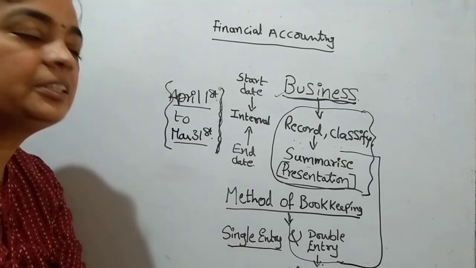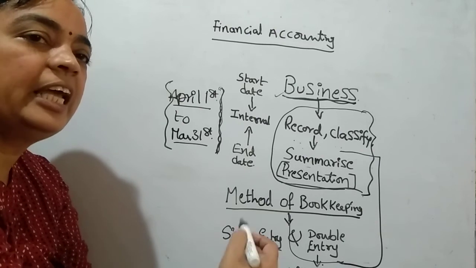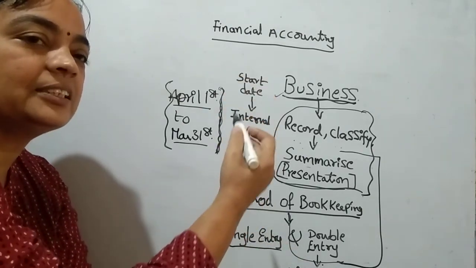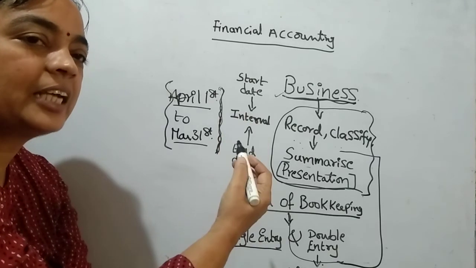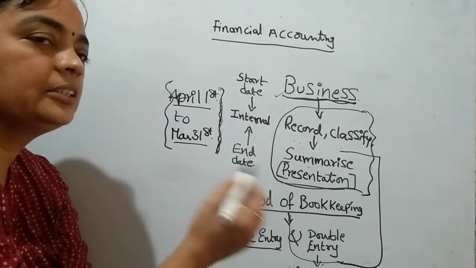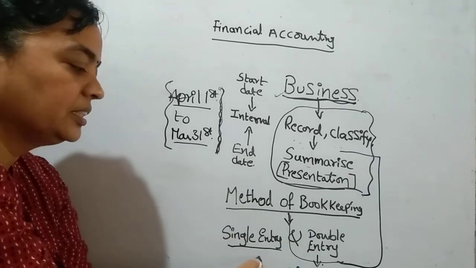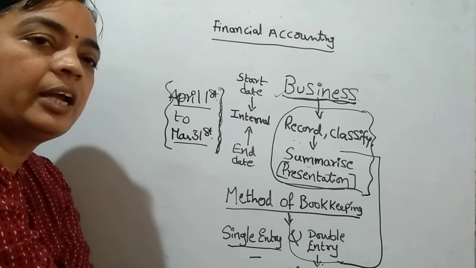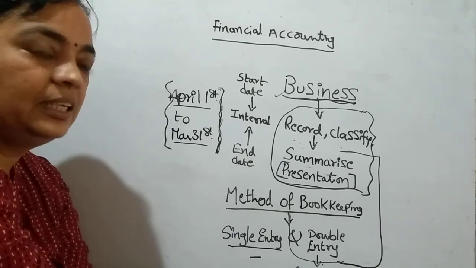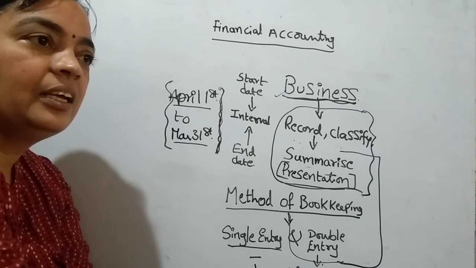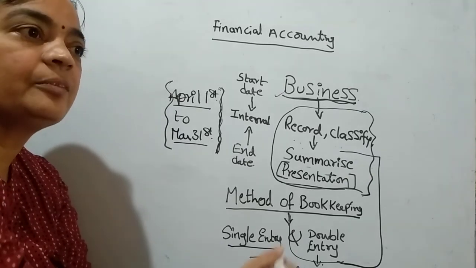Single entry method means they record only one side of the transaction, but double entry means we record plus as well as minus. Here sometimes we may record only plus, or sometimes only minus. We will see what is double entry and what is single entry in the next session.